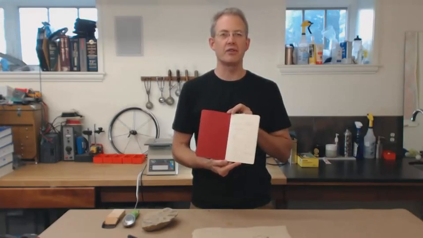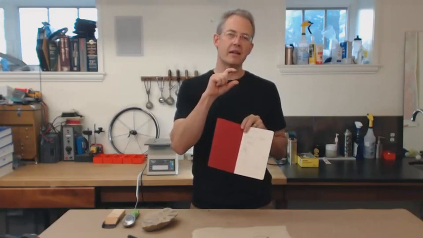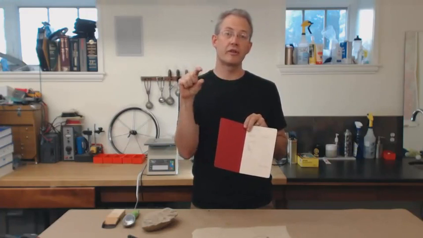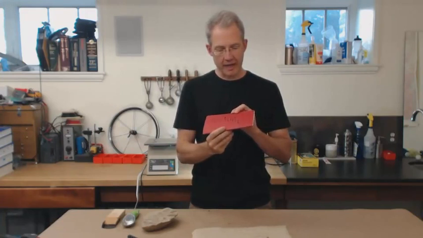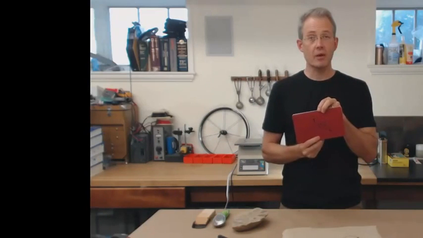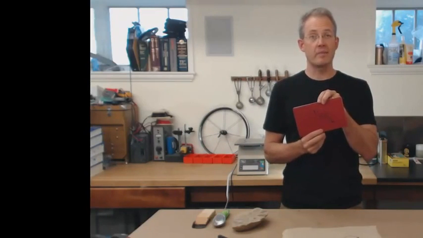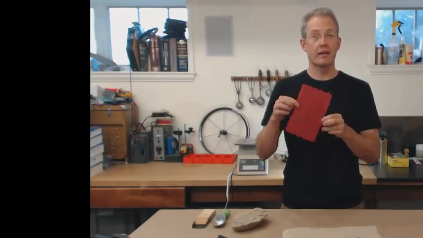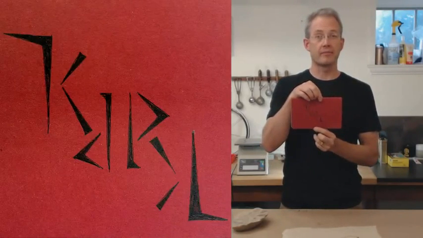It's kind of fun to see if you can create a version of your name that works whether viewed one direction or the other. So for instance, here is my name, Carl, which I've created in a way that it spells Carl both this way and this way. All right.